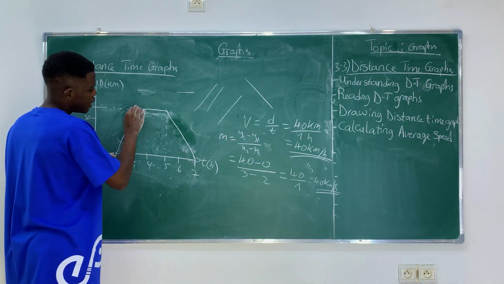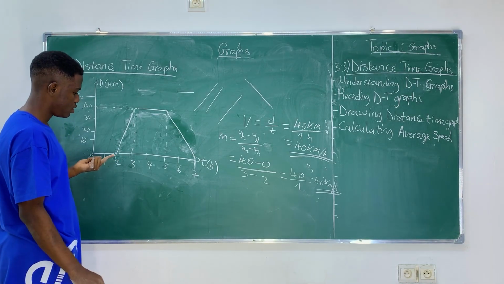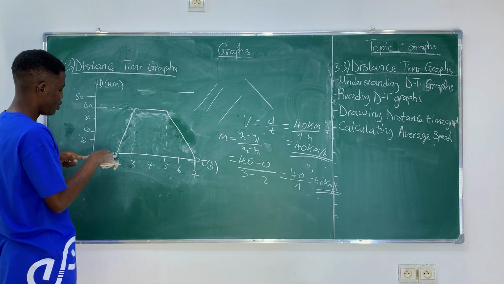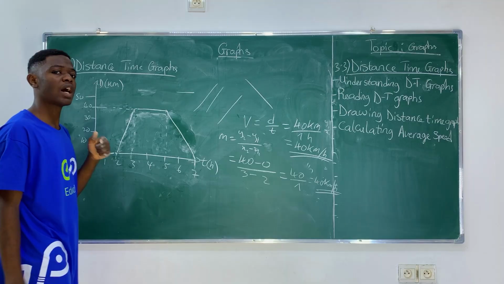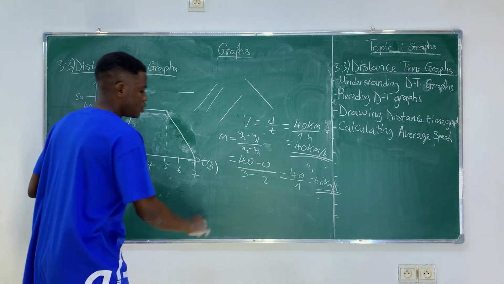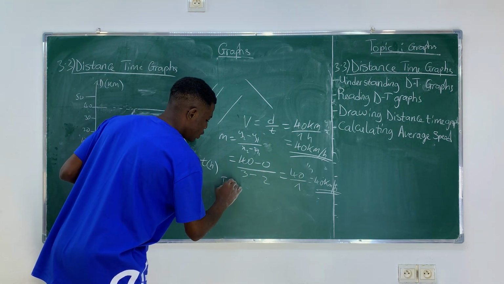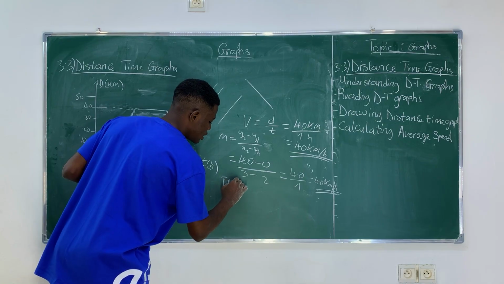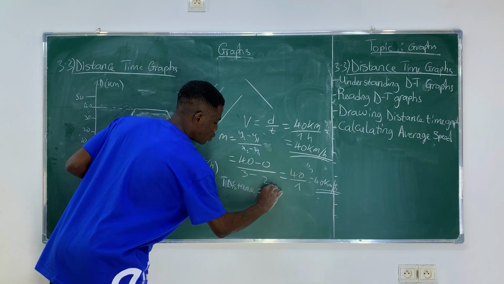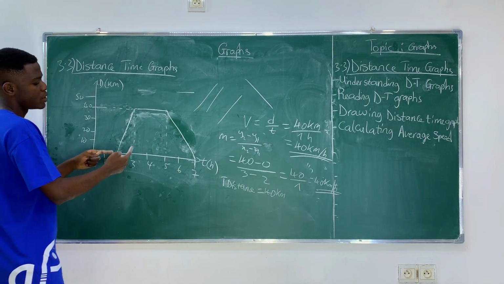Now, from here to here, did the car travel any distance? Yes. The car moved from 0 to 40. It means the car traveled a distance of 40 kilometers. So you'll say the total distance is equal to 40 kilometers. This is for this one.